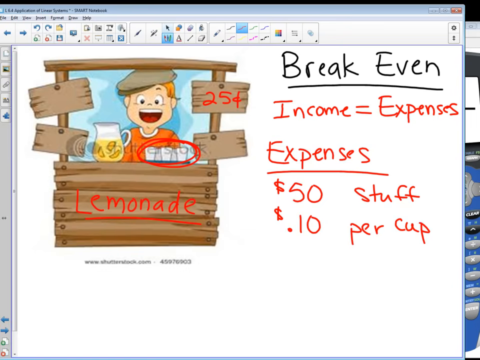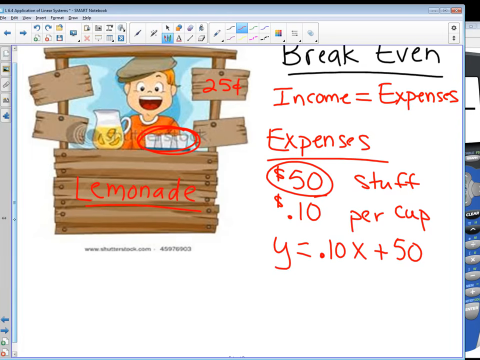Well, the information for the expenses can create an equation that looks like this. Y equals the total amount of expenses, and that's going to be equal to a rate, 10 cents per cup, X will represent cups, plus $50, that's the startup cost to buy the stuff.